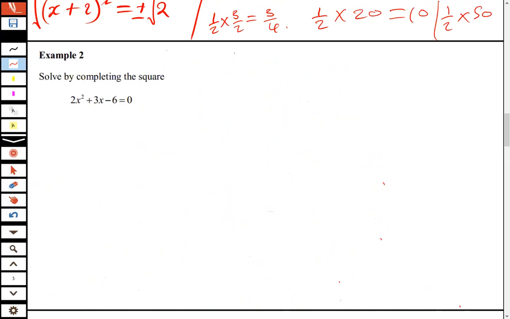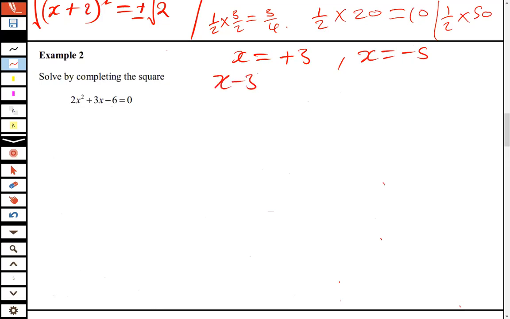I want my answers to be x is equal to -3 and then x is equal to -5. So let me just make a question quickly.